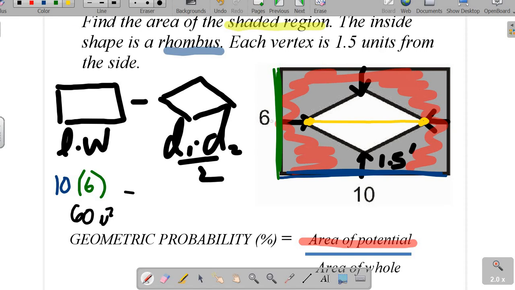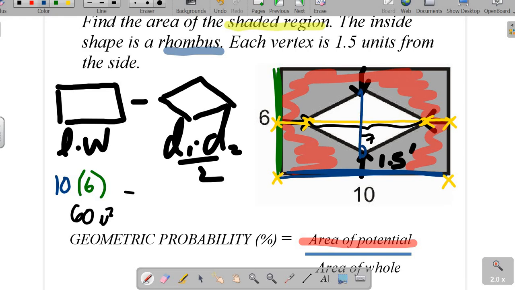Put your thumb and forefinger right where those X's are. Pinch that. You should see the distance between that, if you bring it down, is 10. Now we go in 1.5, in 1.5. So this diagonal here is 10 minus 3 is 7. So one diagonal is 7.